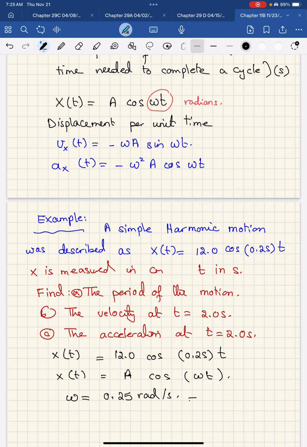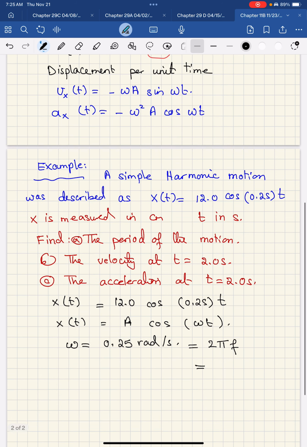We know that omega is 2 pi times the frequency. I can calculate the frequency, but they are not asking about it. They are asking about the period.